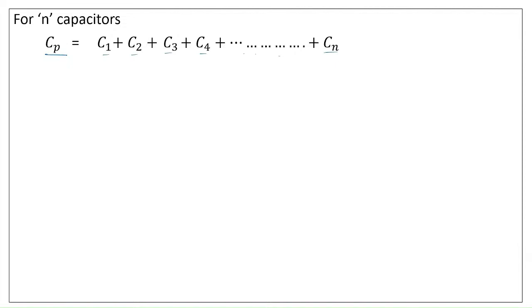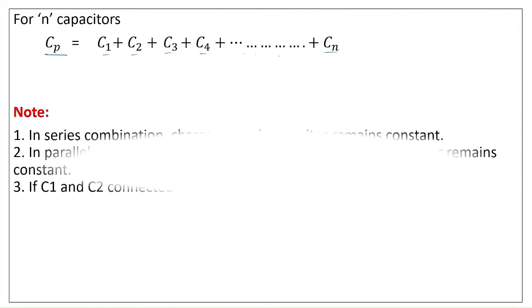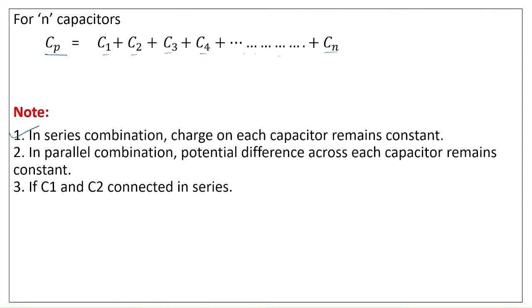Note 1. In series combination, charge on each capacitor remains constant. 2. In parallel combination, potential difference across each capacitor remains constant. 3.